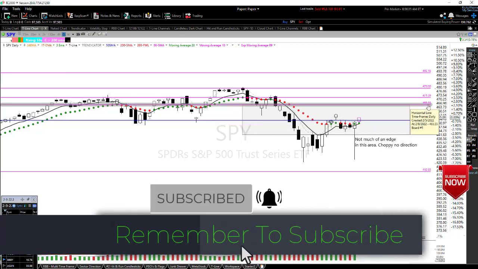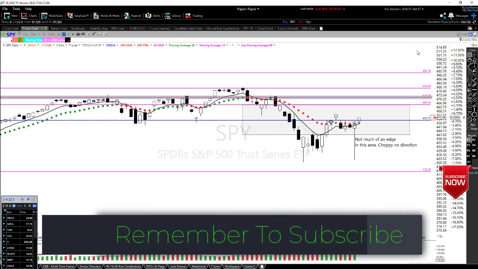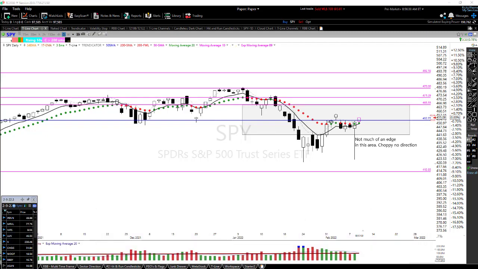If we break out of 465.55 here, and the bulls become, let's put this up here, let's do this green, and I'm just going to put a little buy box right there. If we do get through here and then test that area and show bullishness, then I'm going to be looking at 492 up here.